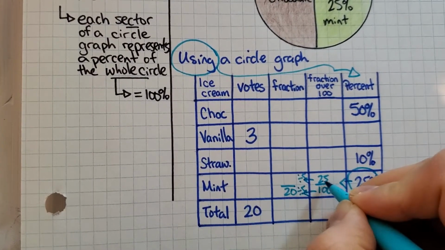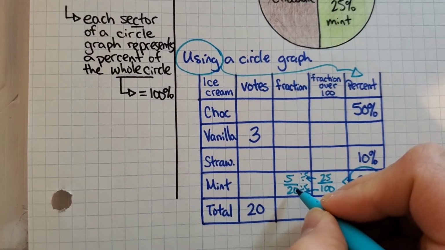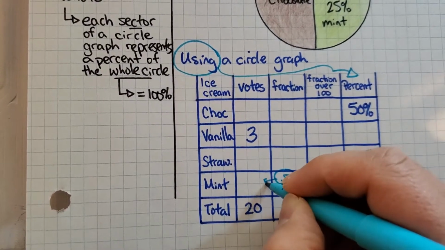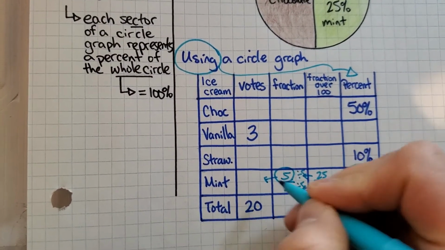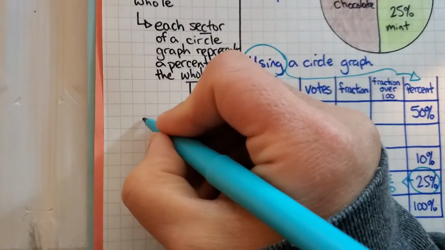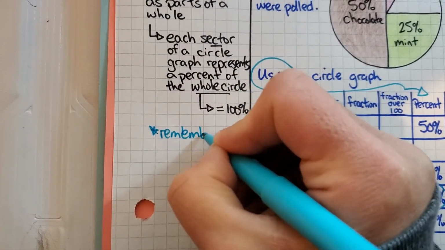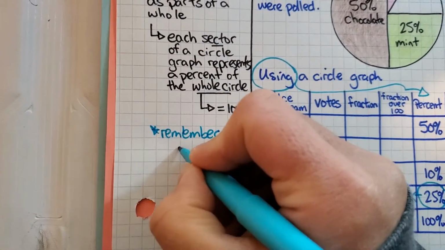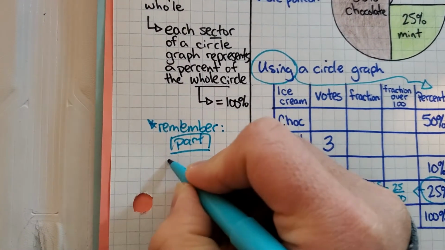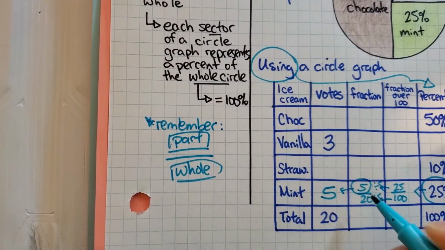So then this equals 25 divided by 5, 5, and then that number 5 is the part and 20 is the whole, so 5 goes here because we want to remember that the fraction is always the part over the whole.